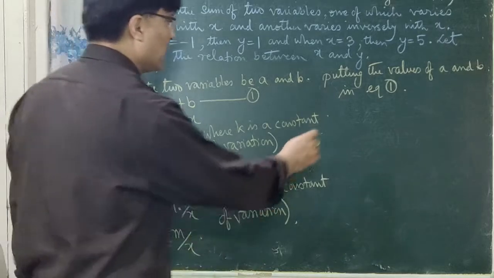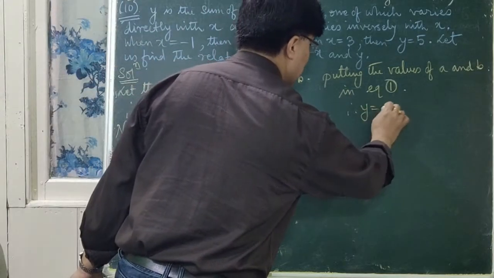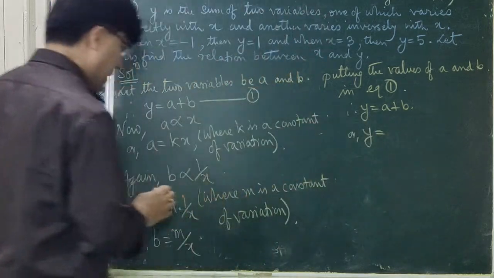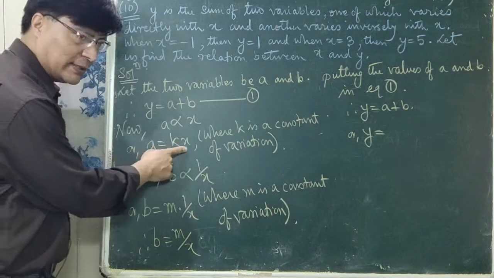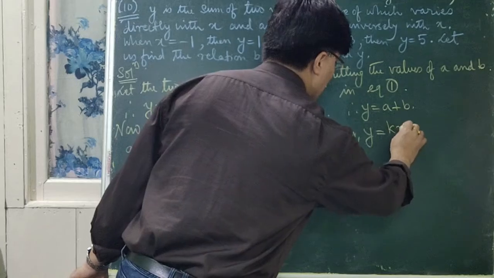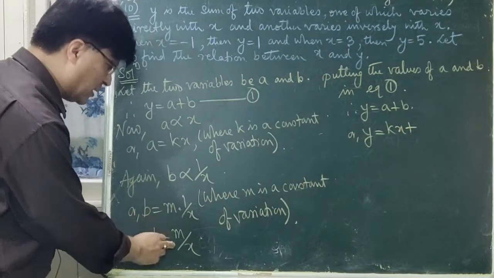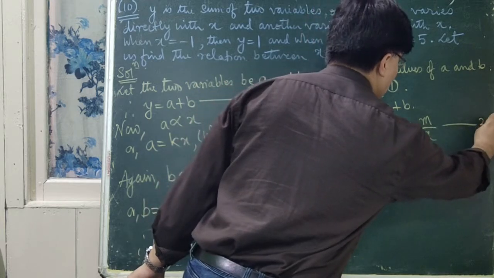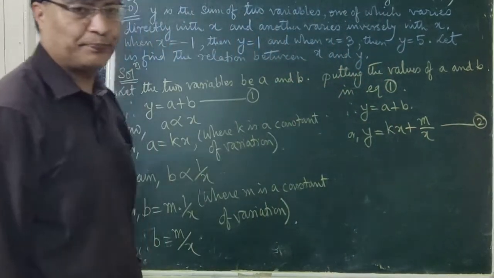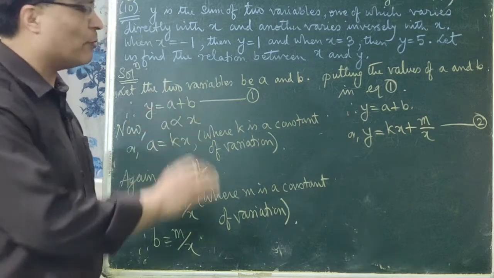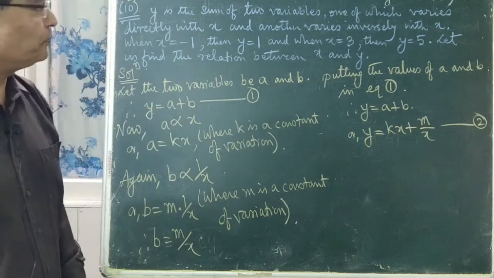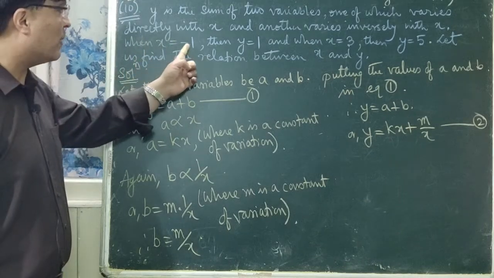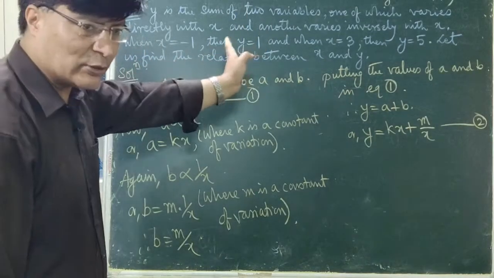So therefore y is equal to a plus b, or y is equal to kx plus m upon x. Let us write this as equation number 2. This is the important relation. Now what is given here? When x is equal to minus 1, then y is equal to 1. Let us use these values now.